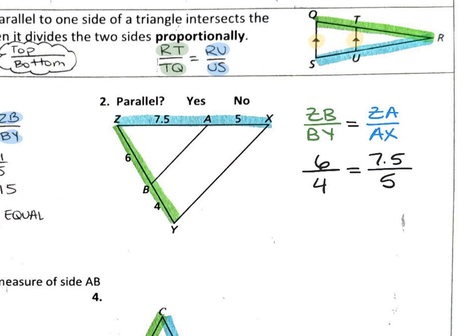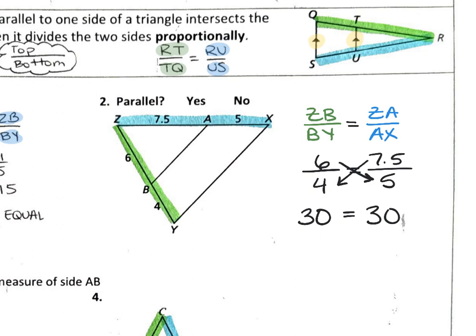When we cross multiply these, and this is where your calculator comes in handy, what is 4 times 7.5? Let's type it in on our calculators. We should get 30. And then what is 6 times 5?